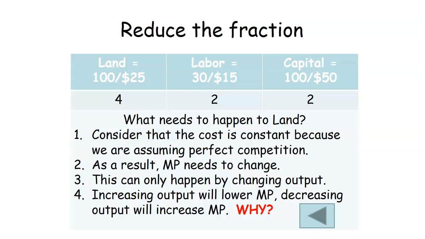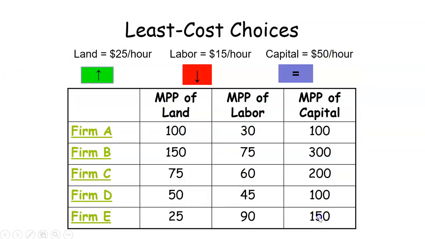By increasing the amount of land that we're using, this number will fall. And that's because the marginal product is going to diminish as we add more of it. Remember the rule of diminishing marginal returns. So to bring this number down, we're going to have to add more land. And that's the answer for that first one.